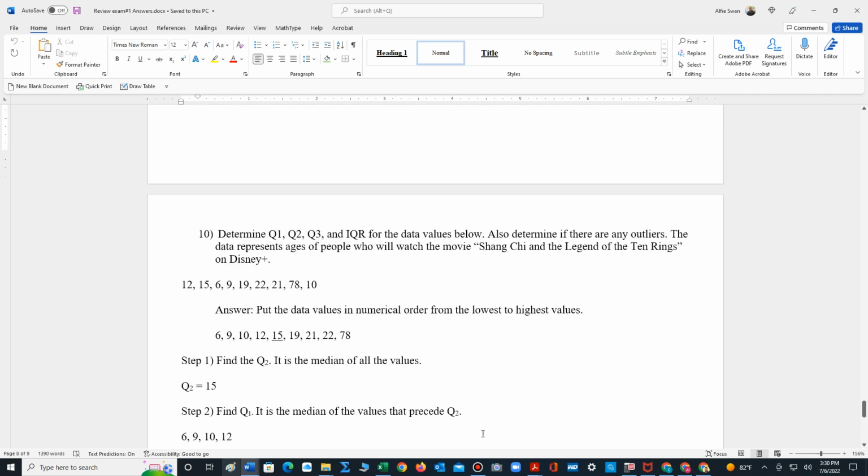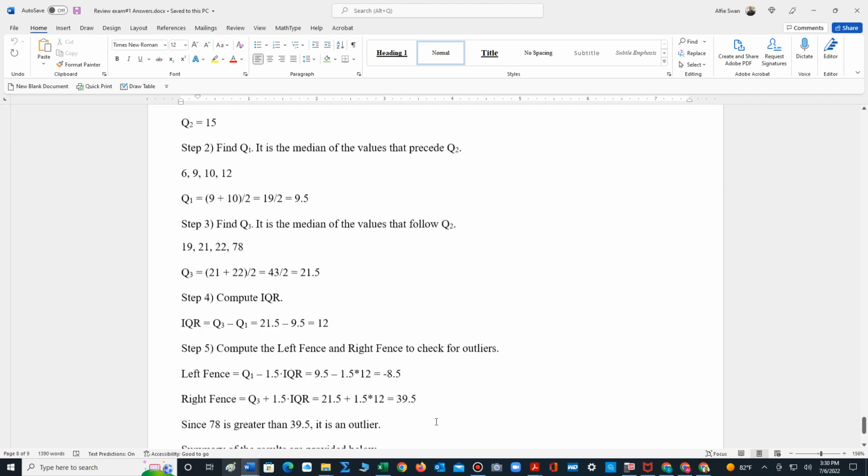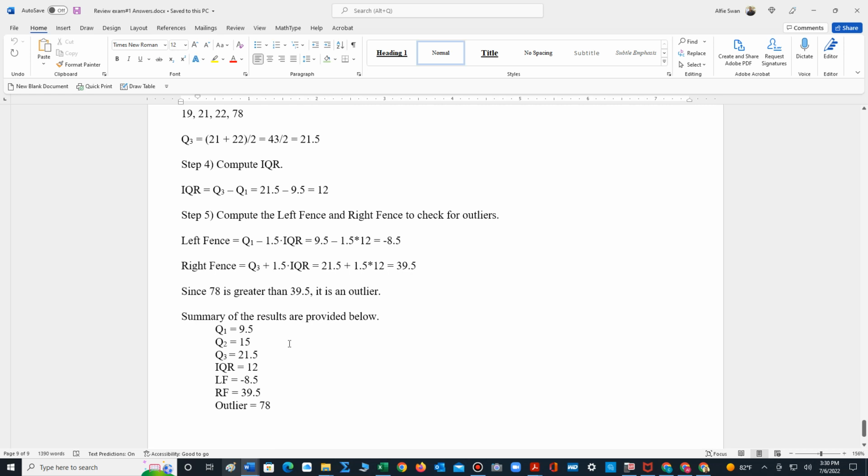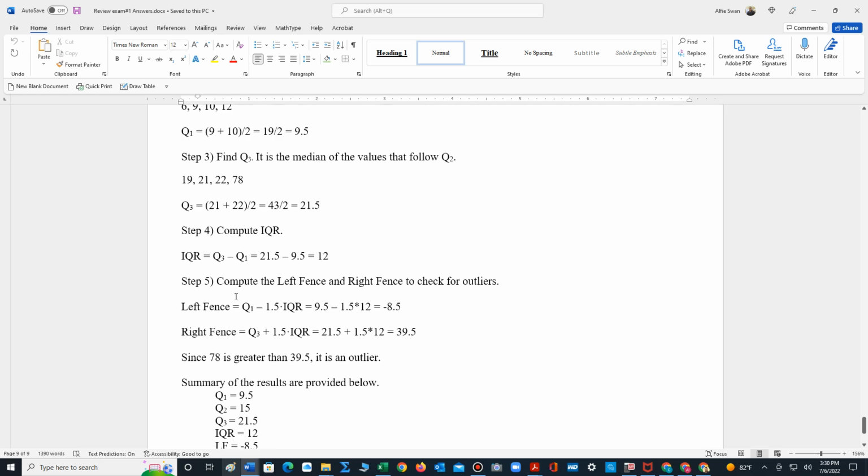Now we also want to check to see if there's an outlier. To determine if there are any outliers, we have to compute the left fence, that's Q1 minus 1.5 times IQR, so 9.5 minus 1.5 times 12. You can think of the asterisk as representing multiplication. That's negative 8.5. For the right fence, it's Q3 plus 1.5 times IQR, which is 21.5 plus 1.5 times 12.